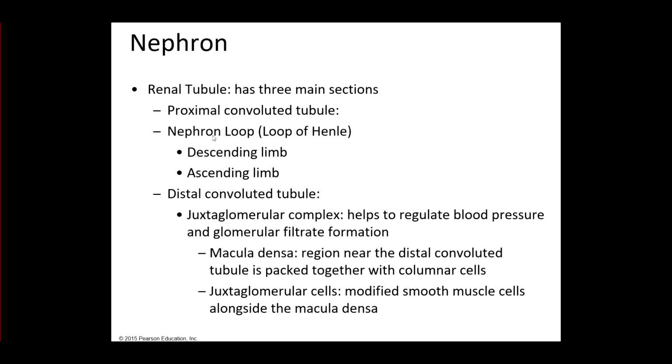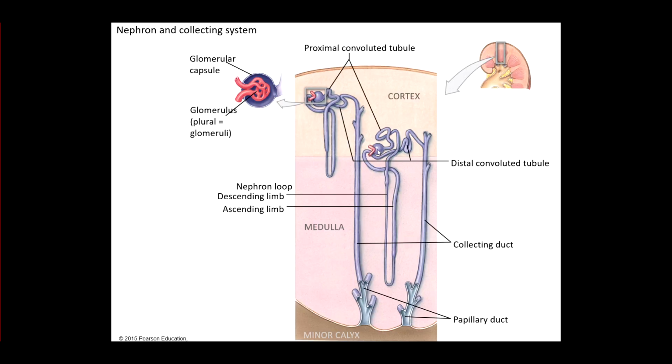Then we have the nephron loop. As I mentioned, this used to be called the loop of Henle. A lot of people still call it that, so I do want you to know both names. And that's going to have two parts. So check this out. From the proximal convoluted tubule, let's start here. Here's your proximal convoluted tubule. The fluid in there is going to go through that tubule, and then watch this. It's going to start to go down like this, and then up.